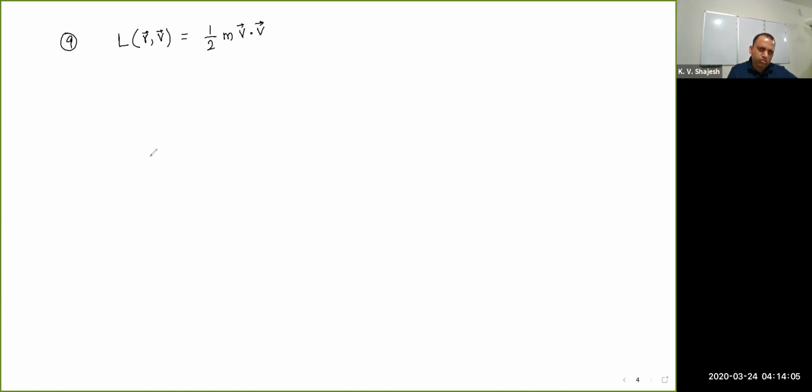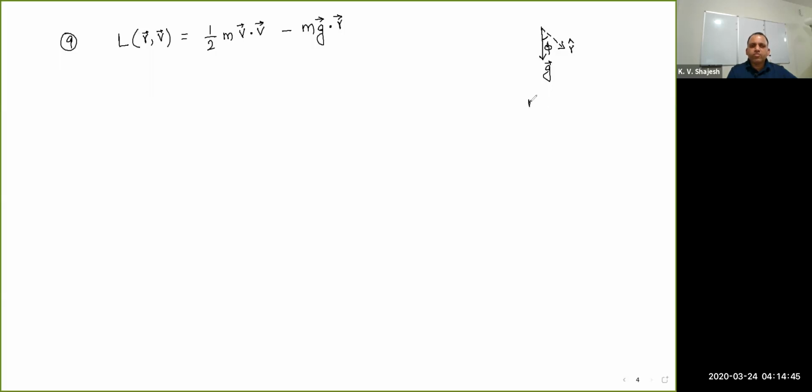I just chose to write it like this time. And minus mgh, let me write that as minus mg, vector g dotted with vector r. Remember, this is your mg, it's your vector g, and that's your vector r, or r hat, if you want, and that's angle phi.